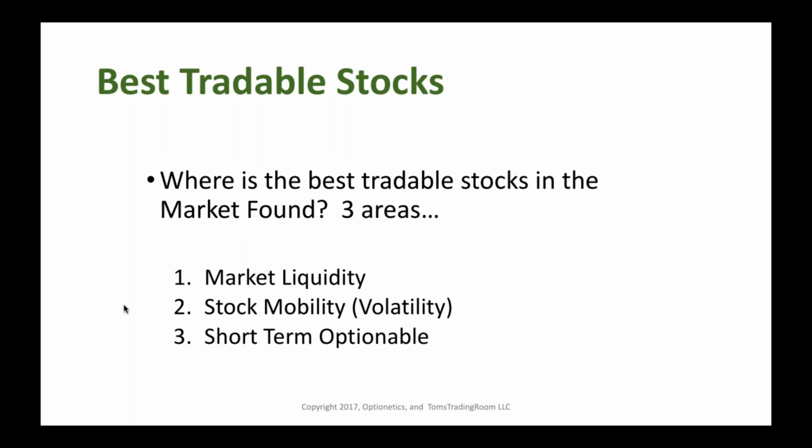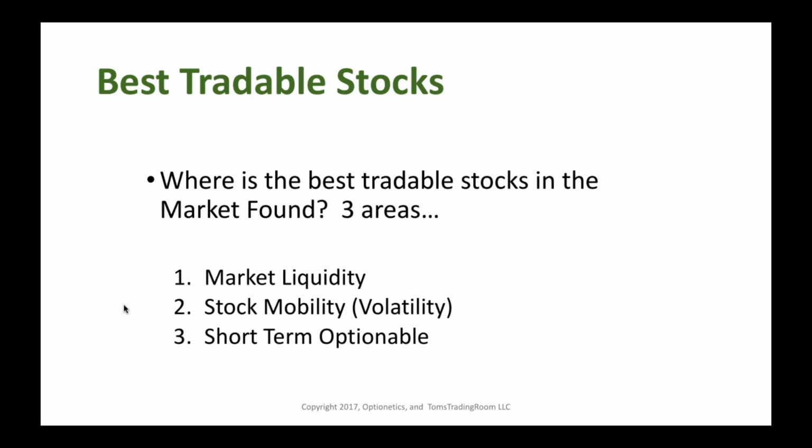All right. So let's start with tradable stocks. There are roughly 20,000+ stocks out there in the stock universe. How many are optionable? Somewhere around 4,000, give or take a couple hundred.